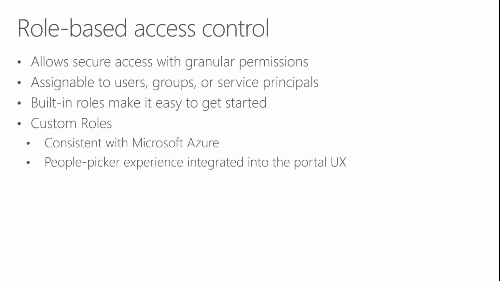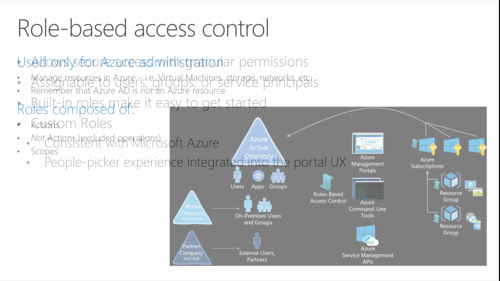And if you need a custom role, you can create custom roles to fit whatever your particular needs are. We can assign these to users, groups, or service principals. Again, the built-in roles don't exist as they do in Azure, but you can make custom roles in the same way and then select those from the portal.